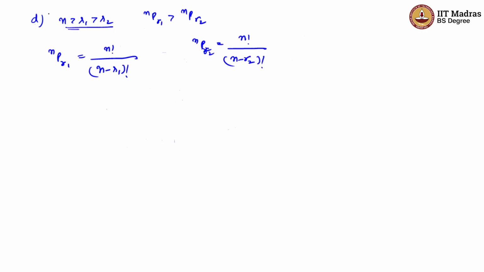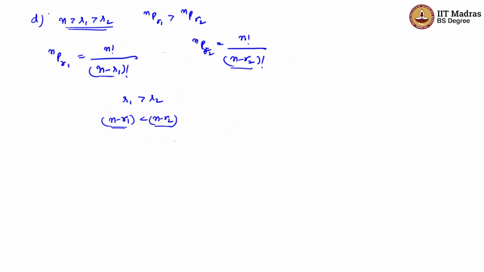Now it is given here that r1 is greater than r2, correct? Let's make this expression here, right? So it will be n minus r1 less than n minus r2, right? So here we can see that n minus r2 is greater than n minus r1, right?